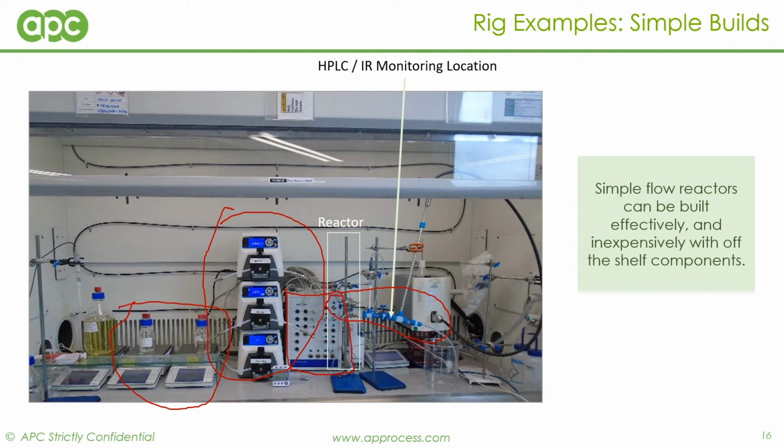As I mentioned, all components in this rig were sourced from off-the-shelf suppliers, and there's nothing bespoke or expensive included in this rig. It really is just pumps, balances, a bit of tubing, and a few T-mixers. And by combining all of these elements together, we were able to create a proof of concept demonstration of a flow acylation reaction.